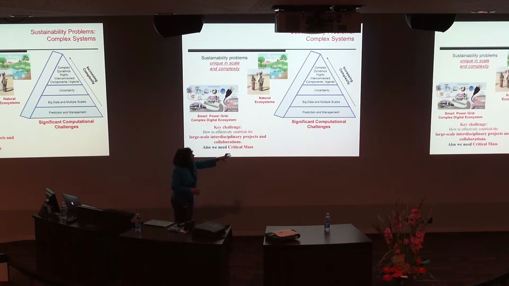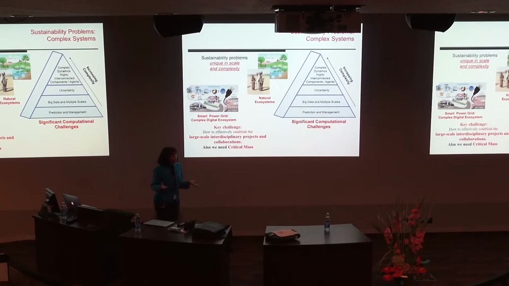In addition to the computational challenge, it's also a challenge to develop these interdisciplinary projects. And for computational sustainability to sustain itself, we also need critical mass in terms of the field.